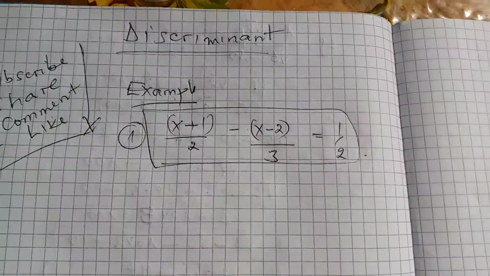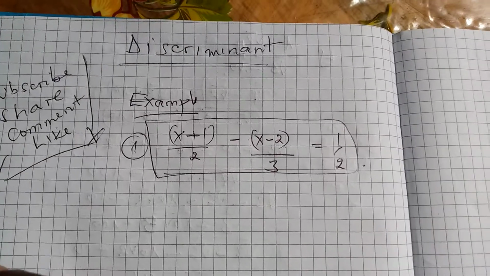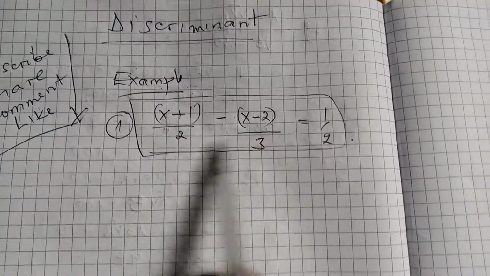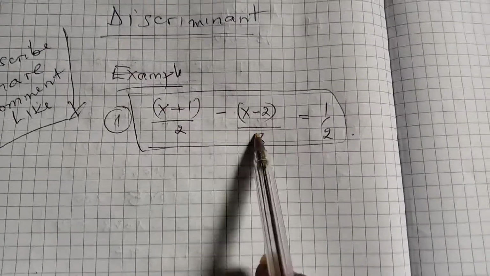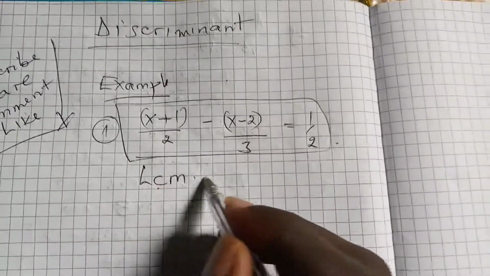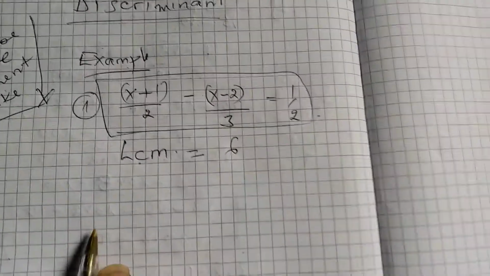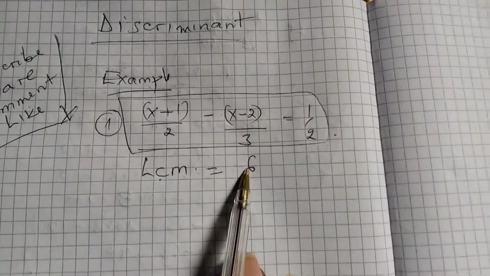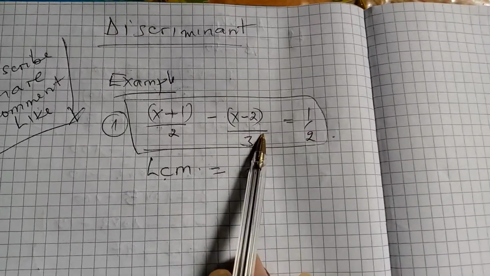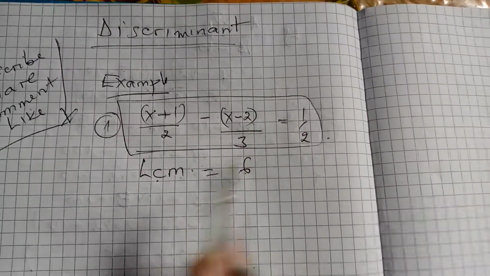So here, by finding the LCM of this, the lowest common multiple will be equal to 6. After finding that the LCM will be equal to 6, we are going to put on the common denominator by using this LCM.